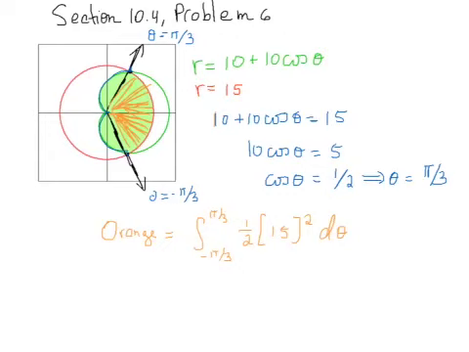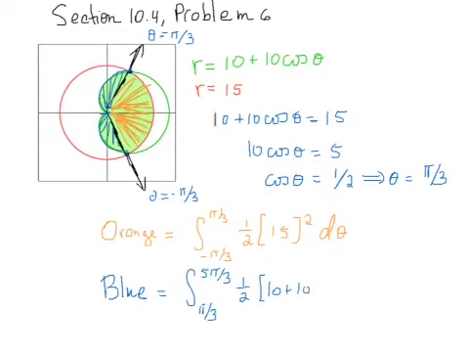So to get the blue region, that's going to be the integral from pi/3 to 5 pi/3, 1/2 10 plus 10 cosine theta squared d theta. So I would compute those two integrals and then add them to get the area that I want.